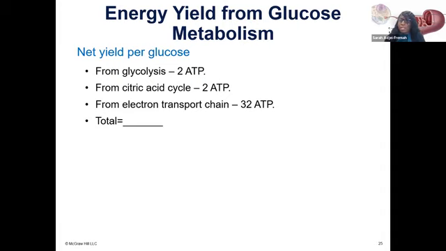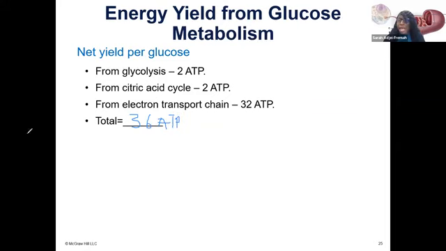During glycolysis, the breakdown of one glucose molecule resulted in 2 ATPs. The citric acid cycle gave us 2 ATPs, and the electron transport chain is giving us the majority, which is 32 ATPs. So in total, when you take one glucose molecule, you're going to end up with a total of about 36 ATPs being generated when you break down one glucose molecule in the food that we eat.